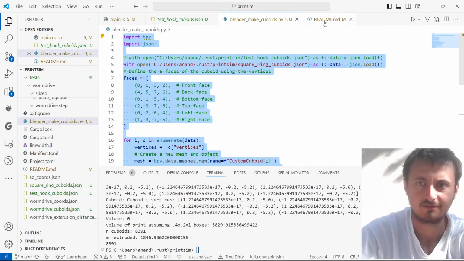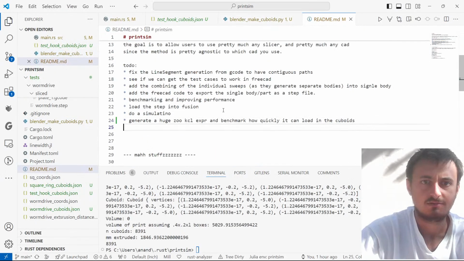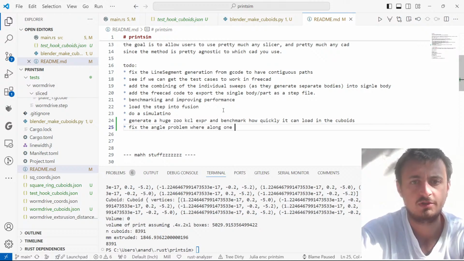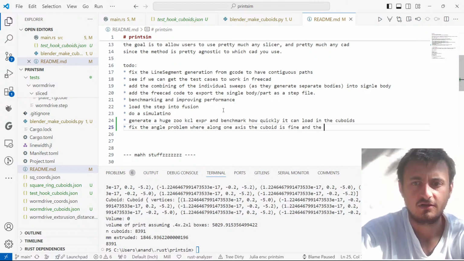Let's just write that down. Fix the angle problem where along one axis the cuboid is fine and the other is 0 width.